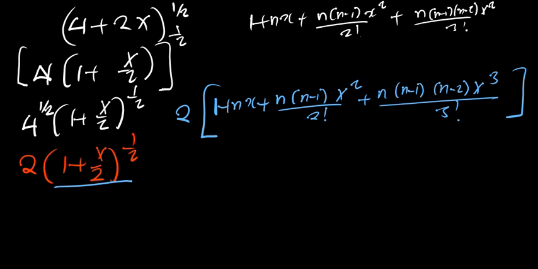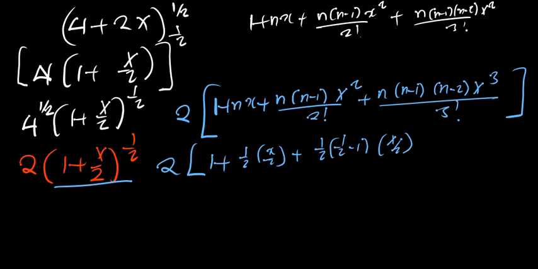That is the answer. 2 times 1, n is half, x is x over 2, then plus again n is half minus 1, then x is x over 2 squared divided by 2 factorial, which is 2, plus again 1 over 2, 1 over 2 minus 1, 1 over 2 minus 2, then that becomes x over 2 to the power 3 divided by 6.